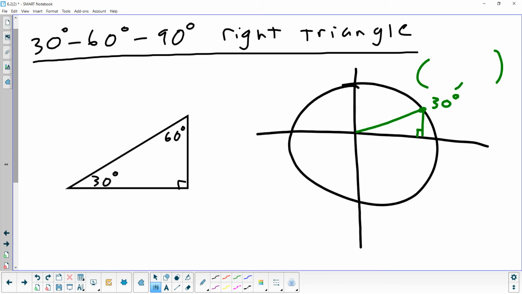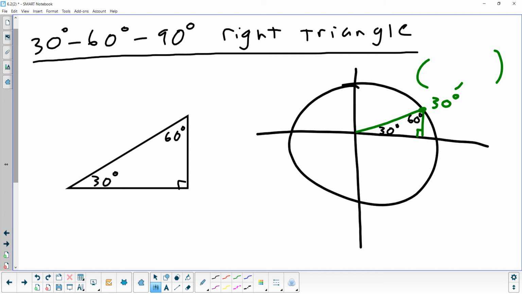First of all, what would the angle right near the origin be? That's 30. And what about the angle up at the top? That's 60.